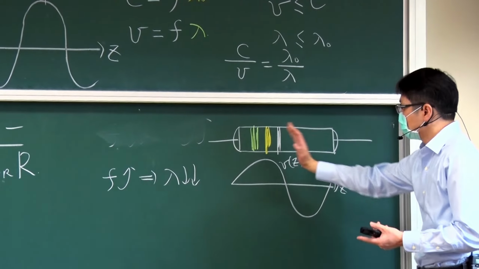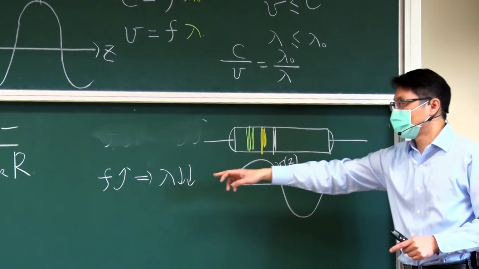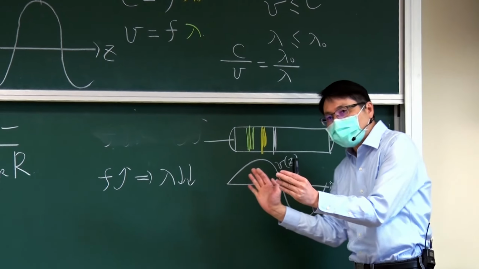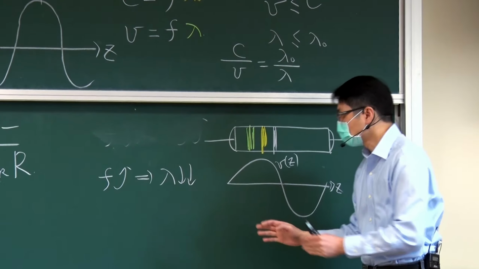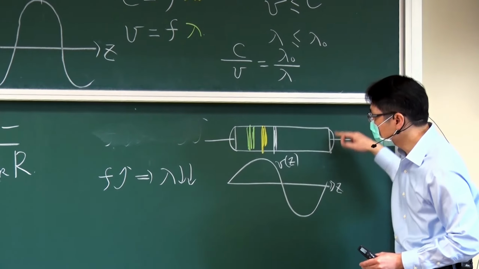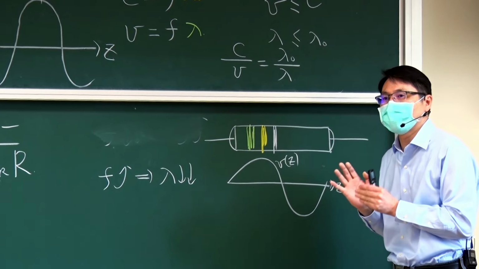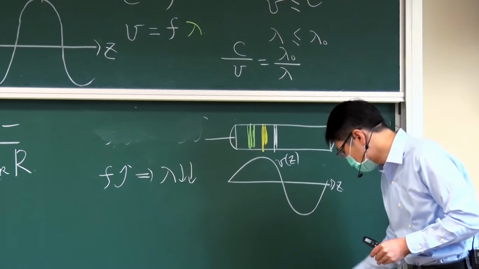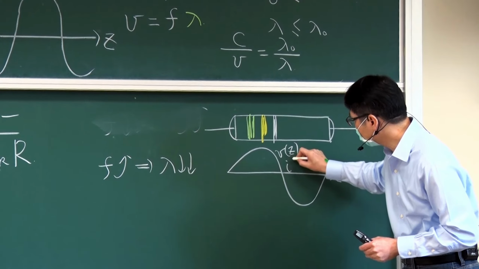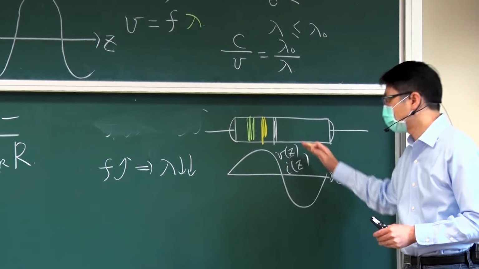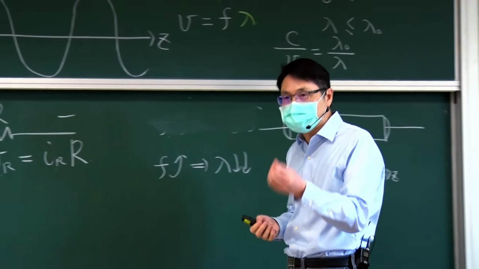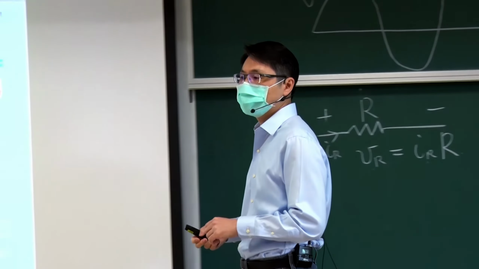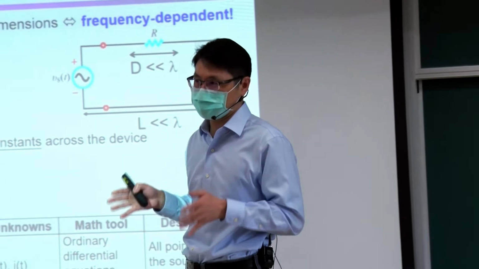So in any case, if your operational frequency is high, making your wavelengths very short, across a single element you have to worry about the voltage values and maybe the current values. Both are position dependent. And that's something you never learned.